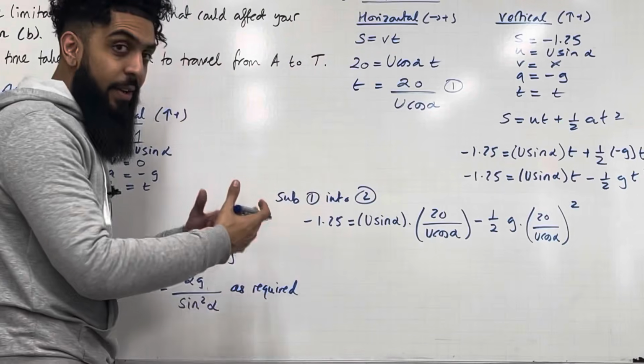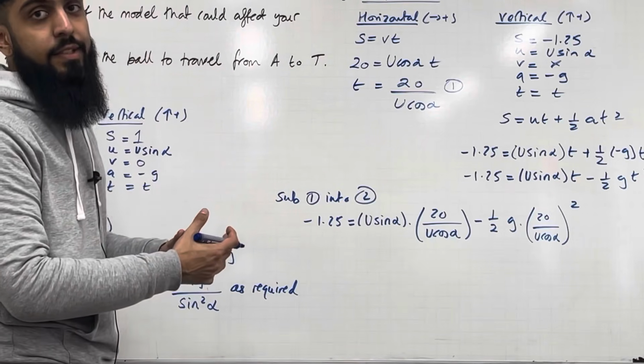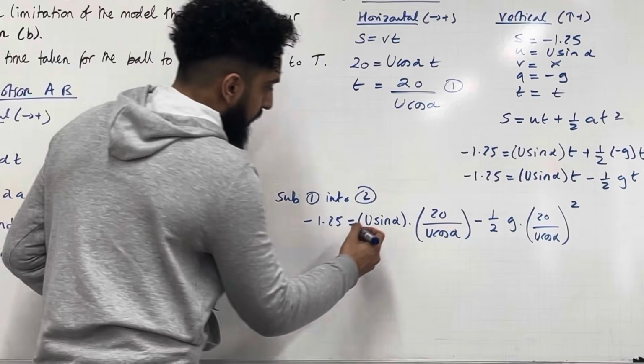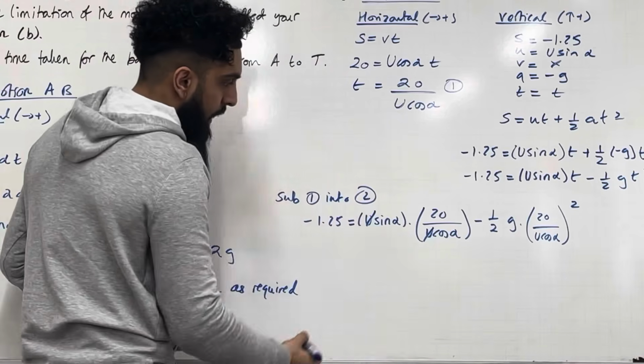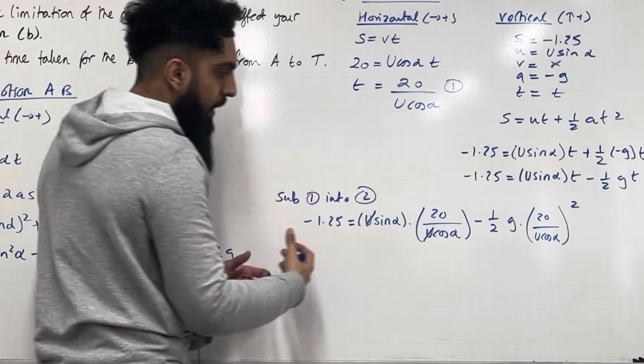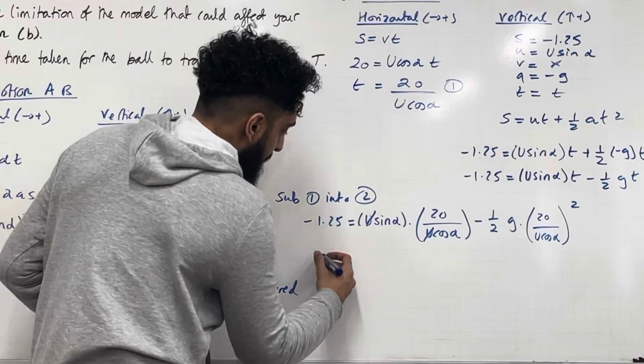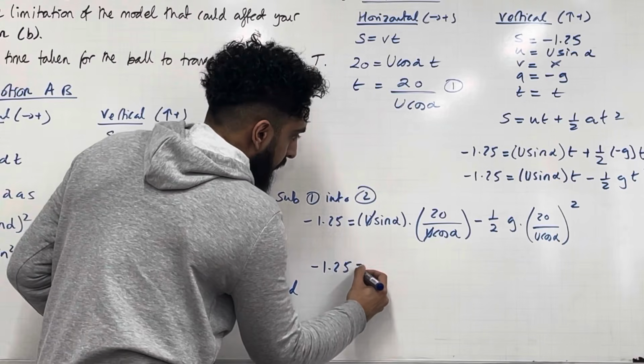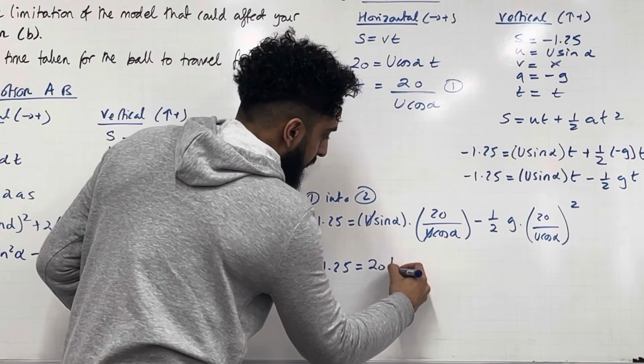Right, so over here I notice that there is a beautiful cancellation that takes place. The u's cancel over here. The sine alpha over cos alpha becomes tan alpha. So we have minus 1.25 is equal to 20 tan alpha.